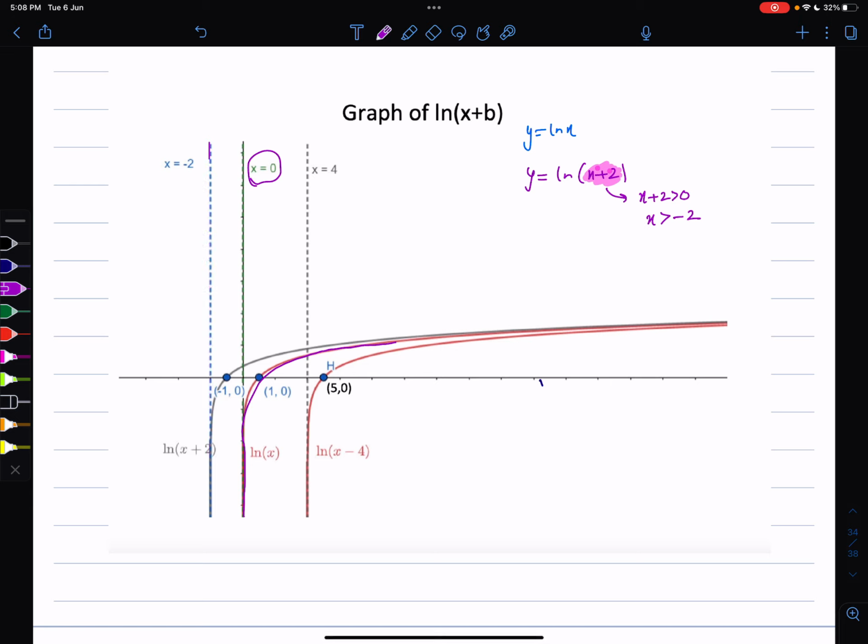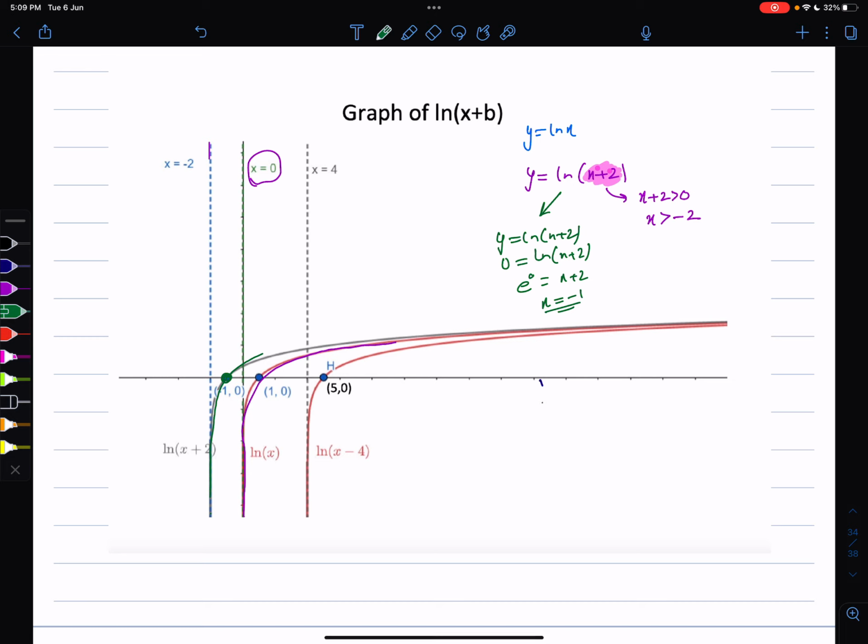So the graph of ln(x plus 2) starts from here, and to find the x-intercept, we are going to substitute y as 0. So e to the power of 0 is x plus 2, x is equal to minus 1. So the x-intercept comes out to be negative 1.